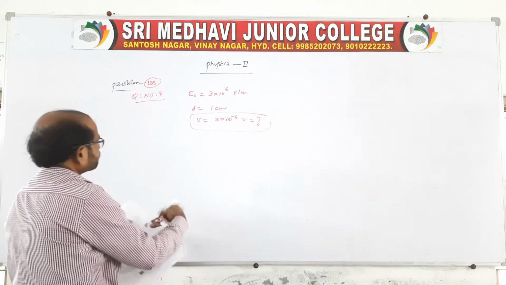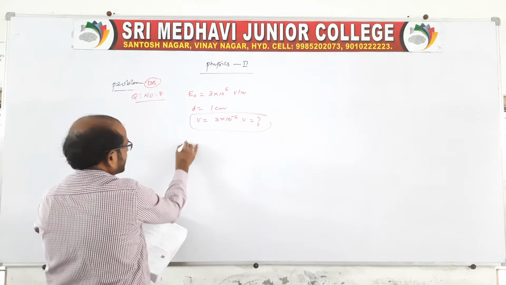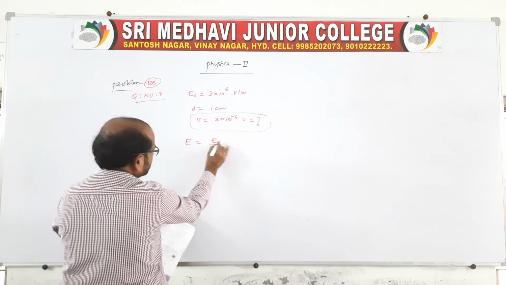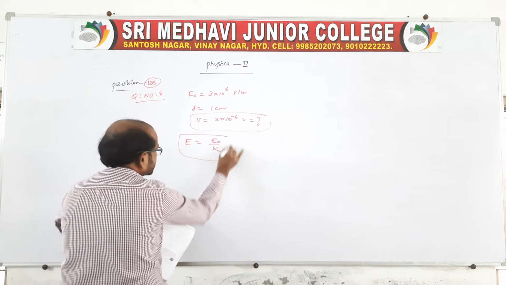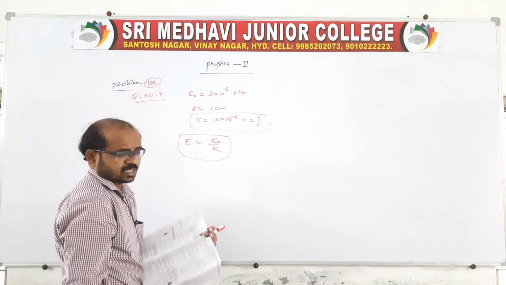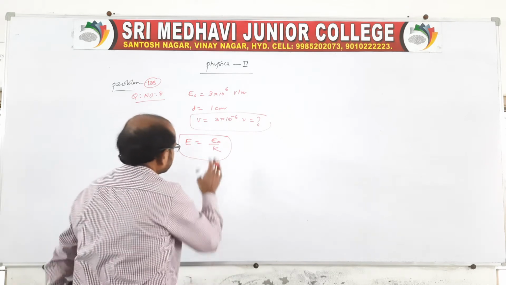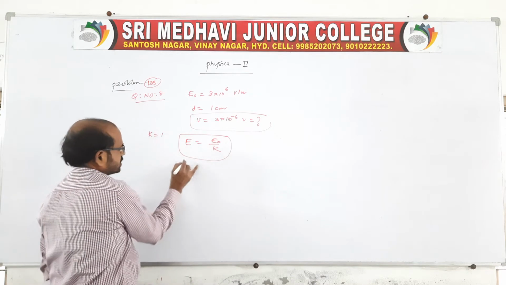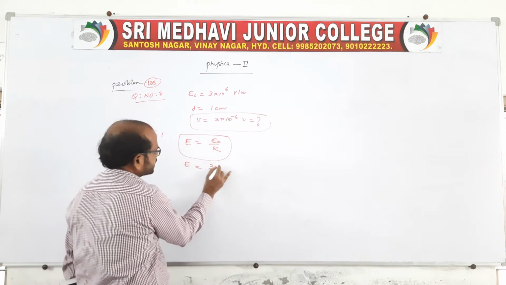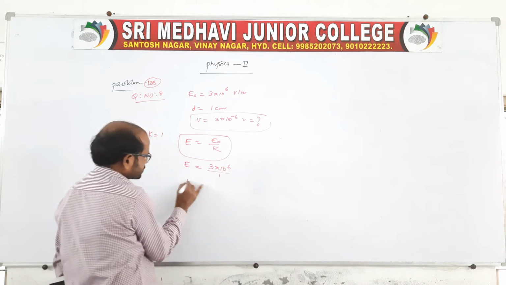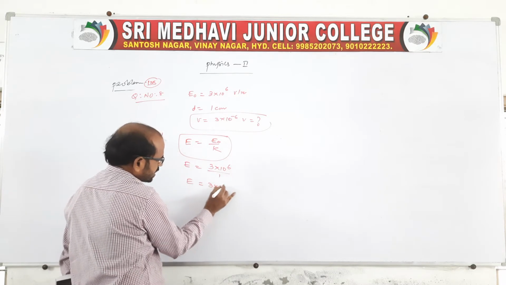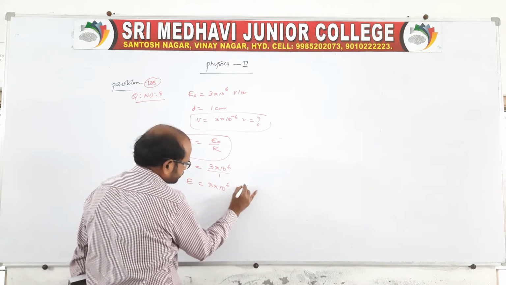Here the capacitor is placed in a dielectric, so E is equal to E naught by K, because a dielectric is already there. We know this from the previous chapter. The K value for air is 1, so E is equal to E naught, which is 3 into 10 power 6 by 1, that is 3 into 10 power 6 volt per meter.